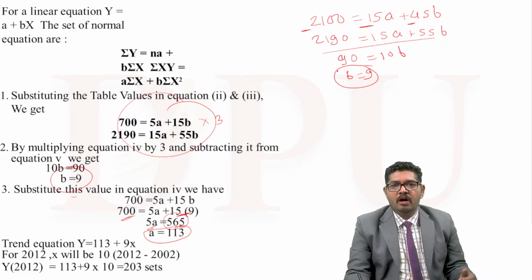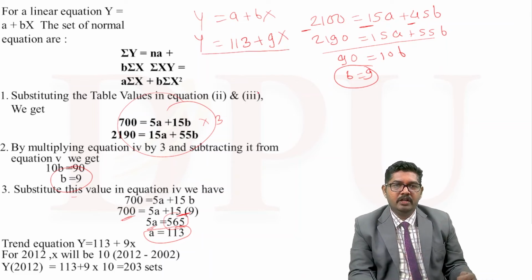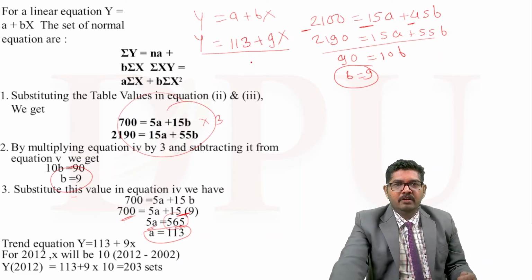Now by putting the values in this equation, y is equal to a plus bx, y will be equal to 113 plus 9x. Now we got the general equation for the sale of generator sets, and we have assumed that 2003 is equal to 1, and therefore 2012 will be equal to 10.